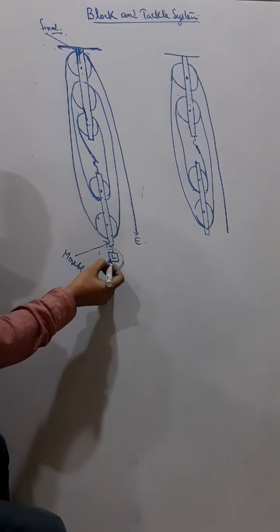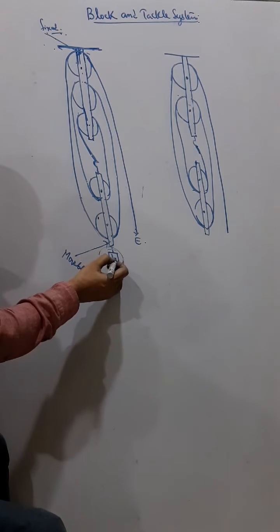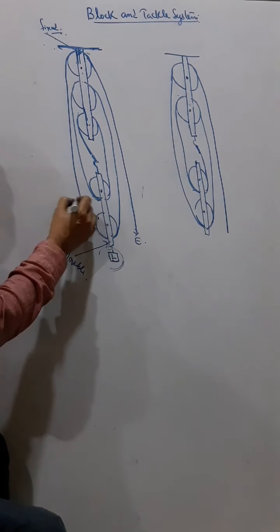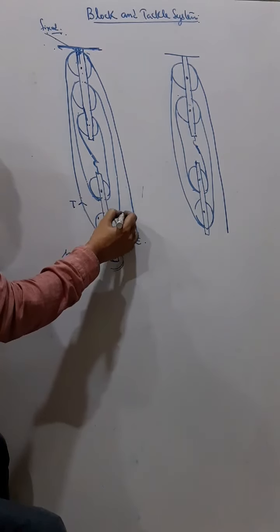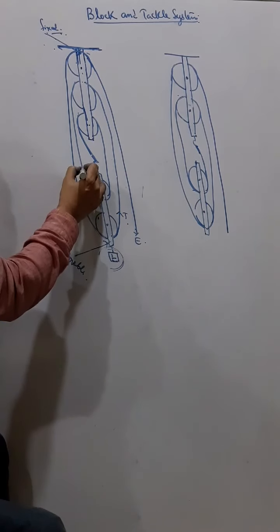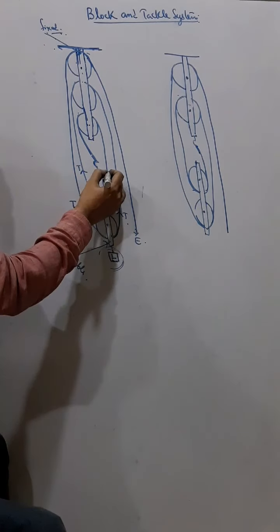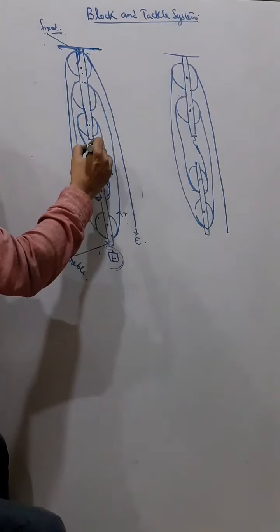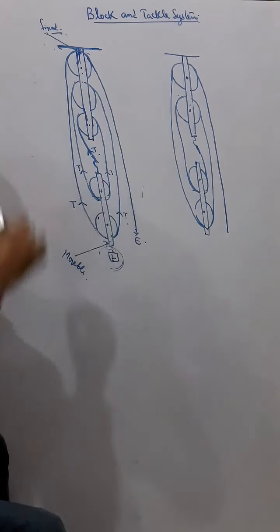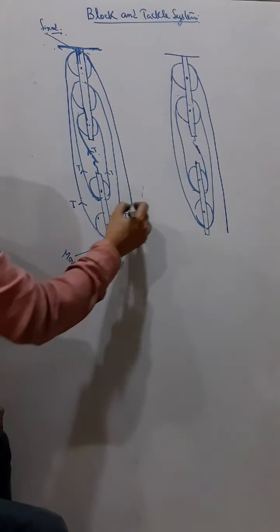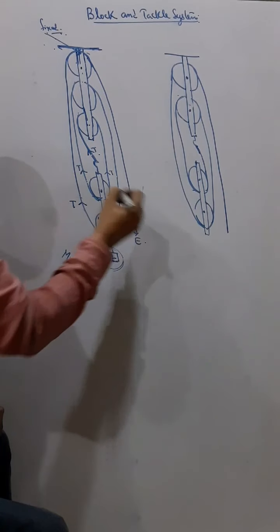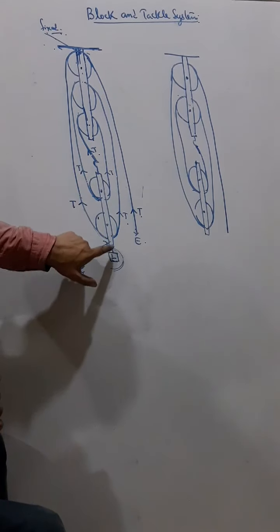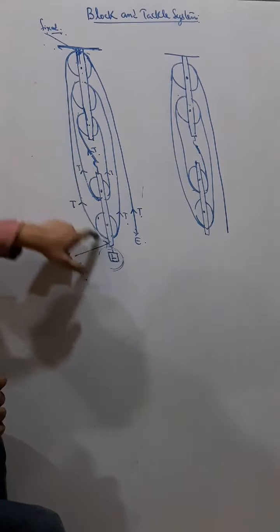So finally I can say due to this load, one tension will be produced here and here, another tension will be produced here and on this rope, and one tension will be produced in this rope. And due to this effort, only one tension is needed, because all the tensions are supported by these pulleys.